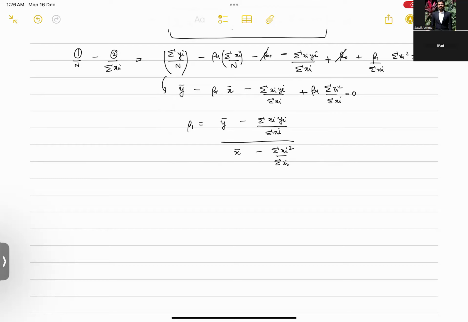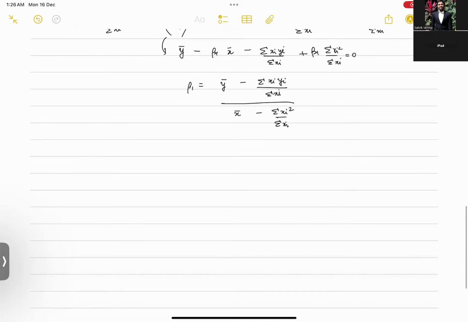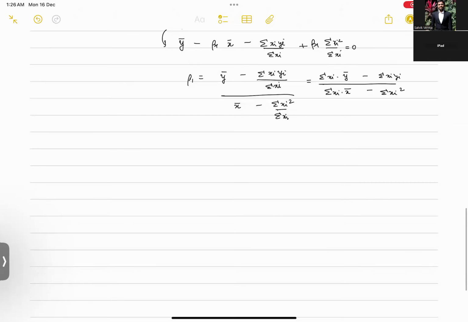And we could bring this to a general form by just taking an LCM of the numerator and denominator. So we'll get summation xi times y bar minus summation xi yi, upon summation xi times x bar minus summation xi square, and summation xi gets cancelled from the numerator and denominator altogether.